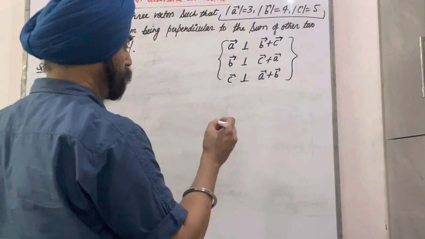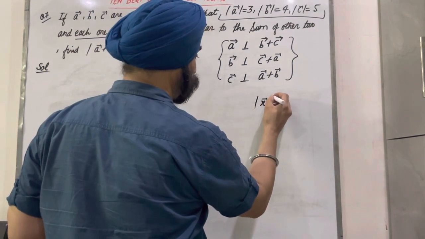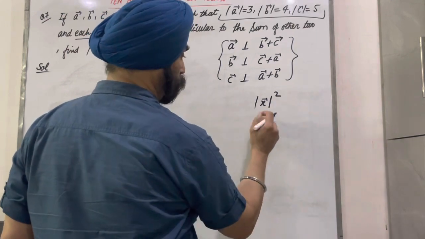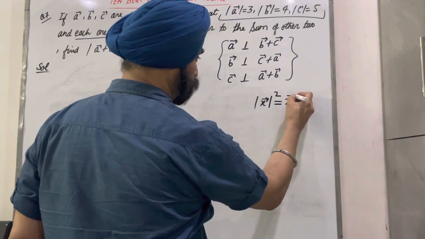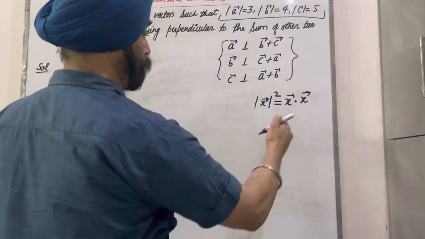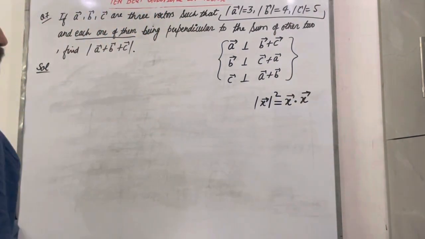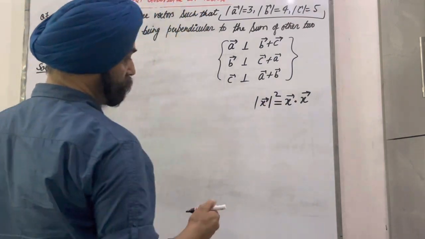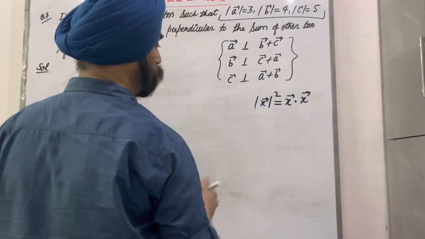Reason being, square of magnitude of a vector is same as the dot product of vector with itself. Sometimes it's written as vector x whole square also. So it will become easier to convert from magnitude to the dot product by using this formula.